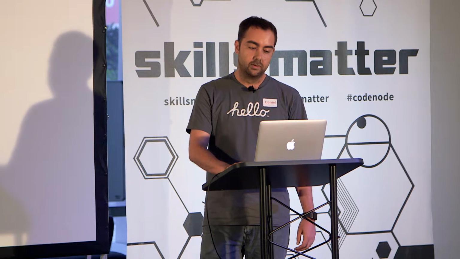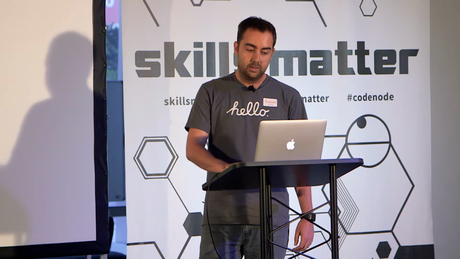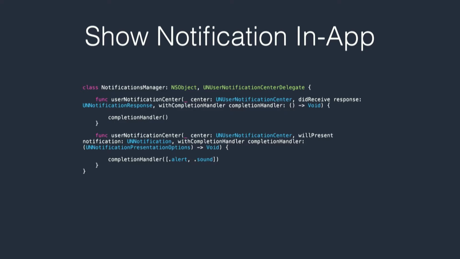You wrap those things together with a unique identifier in a request that you then add to the notification center. And this is how you can show the notification in app. But the best thing about this code is that Apple has given us a new protocol, UNUserNotificationCenterDelegate, so you can handle those two callbacks wherever you want instead of in the app delegate. And smaller app delegates are always welcome.